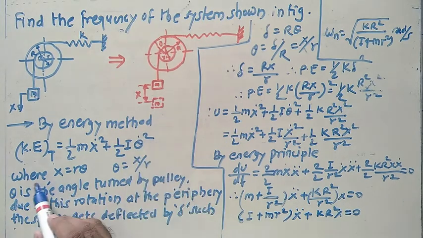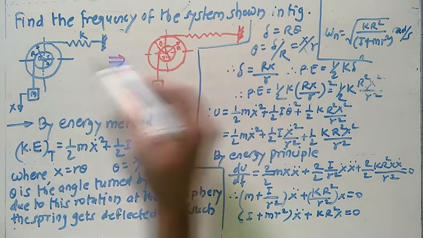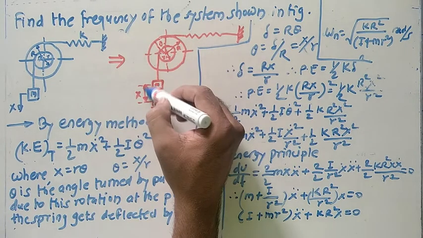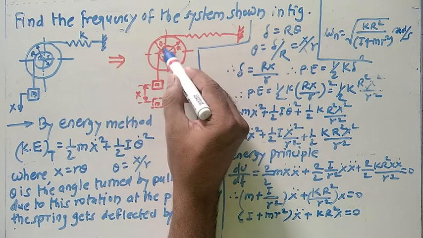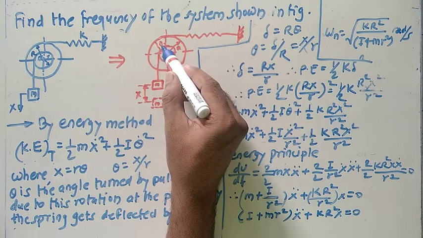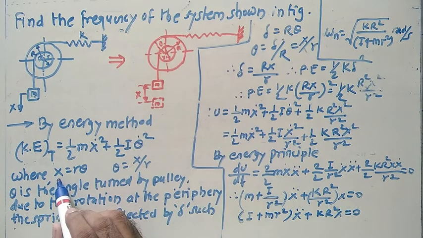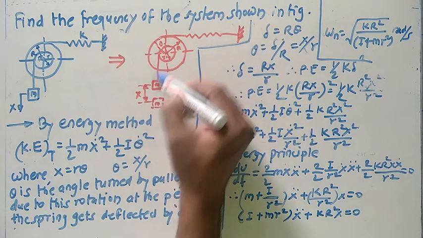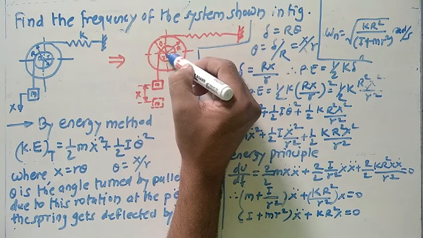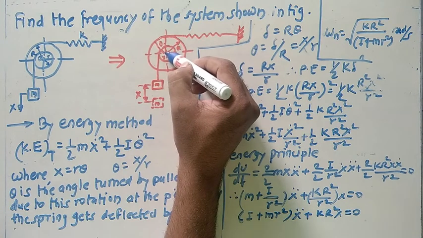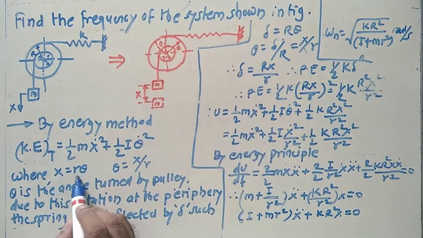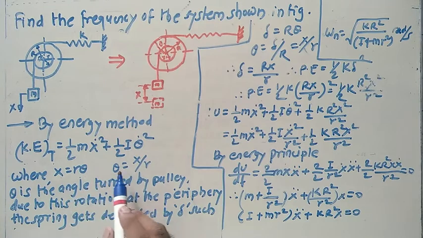So this x is nothing but the linear displacement. For this small displacement you can say the angle theta is with us, so you can easily get the relation between x and theta. The radius for the small portion is small r, so you can easily get x equals r theta, like this. So theta you can get in this way, x divided by r.